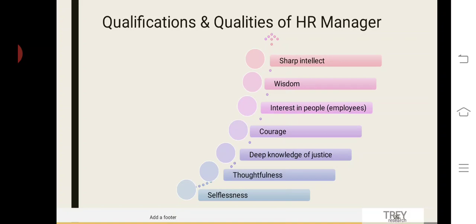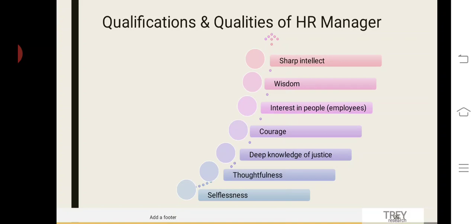Just because an HR department is made, and we are dealing with each and every HR problem and trying to make our employees happy, it's not getting done automatically, right? Simply by establishing an HR department, the problems are not going to get solved. What is even more important is to have the best HR manager. So here we are going to discuss what the qualities and the qualifications of an HR manager should be.